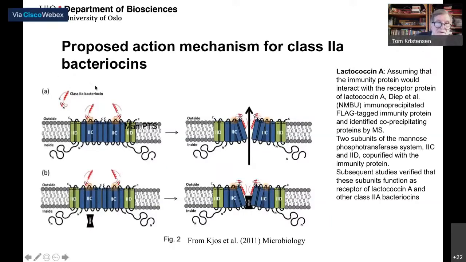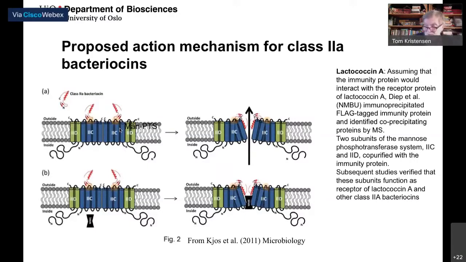These lactococcin A molecules will interact with this system and presumably lead to an opening of the transport system so that it remains constitutively open and will cause destruction of the membrane potential. So the explanation for the high potency of this bacteriocin would then be that one or a couple of molecules are sufficient to destroy this transporter protein in such a way that it remains open all the time.